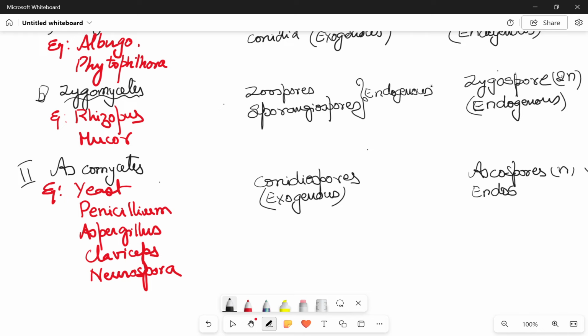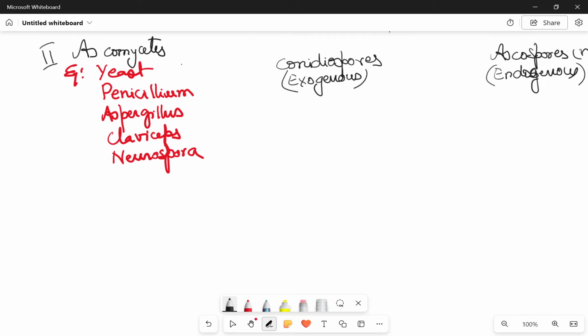The sexual spores which are endogenous in Ascomycetes are ascospores. Endogenous in origin because those are formed inside the ascus. Then these are haploid because those are formed after meiosis. Karyogamy as well as meiosis both occur in the ascus.